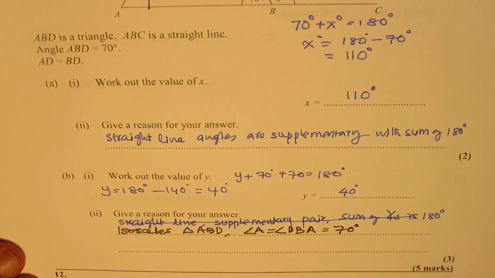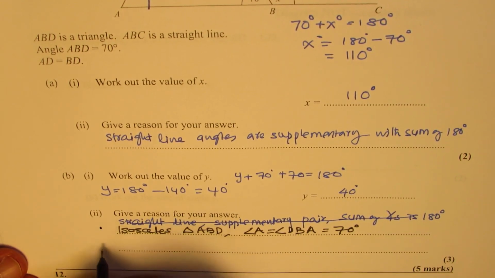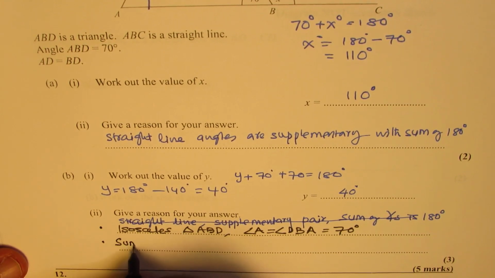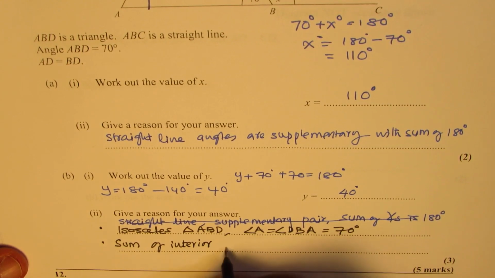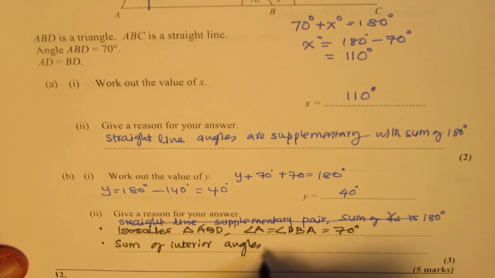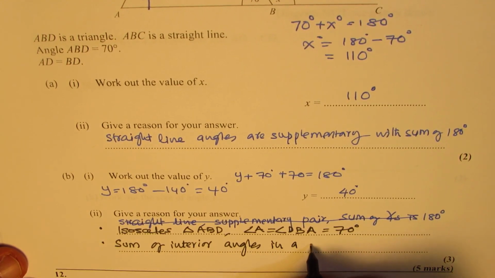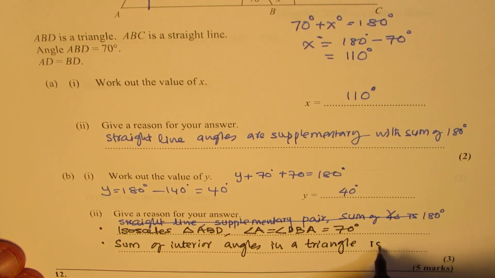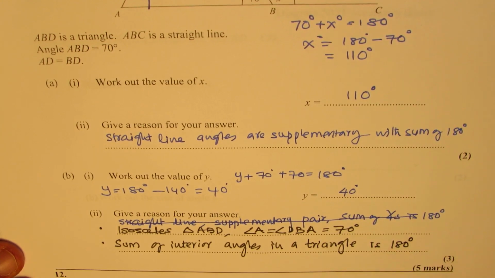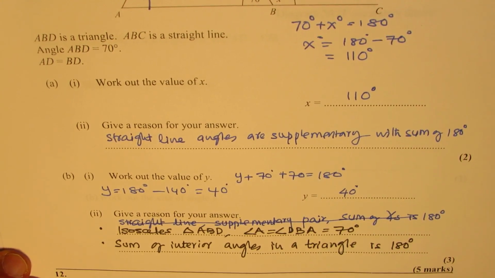Is that clear? That is the first thing. And second is the sum of interior angles in a triangle is 180 degrees, right? So that is how we found y.